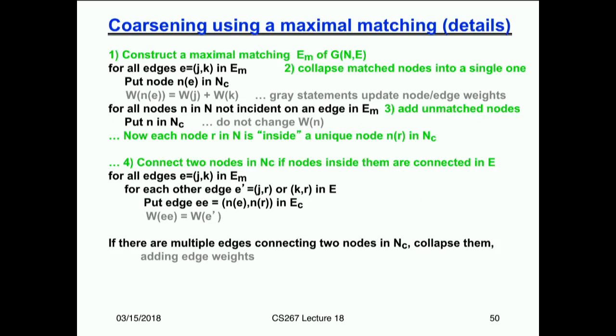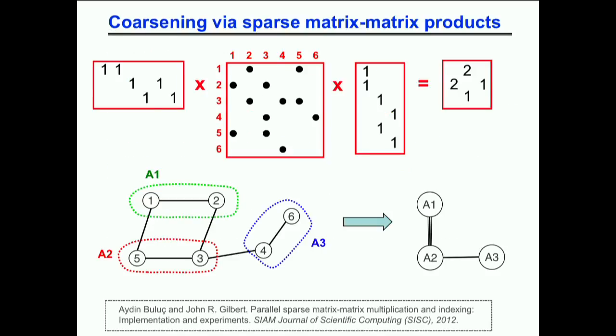And then details. Here's one way to do the computation. Once you find the matching, how do you actually do this? A nice principled way I like is to multiply matrices. If you represent each of your matchings as one row of a sparse matrix, you see that's why there are only 2 non-zeros in each row of the left matrix.